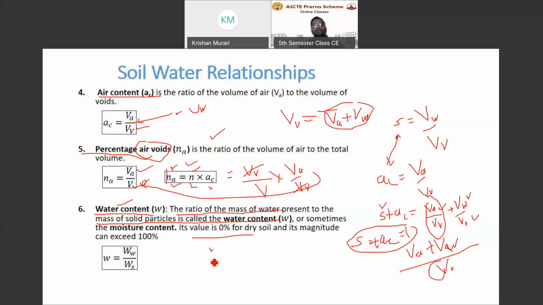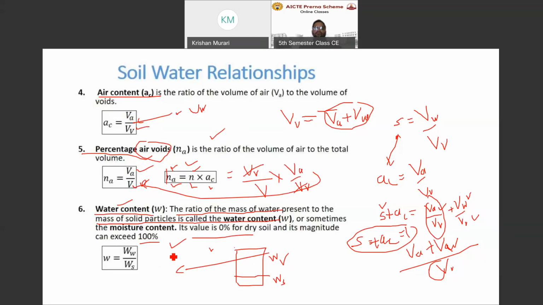Or the magnitude can be greater than 100%, because that can also be the case. Let us assume a two-phase system, where the weight of solid particles is less and the weight of water is greater. Then the water content exceeds 100%, because it is related only to the weight of solids, not the whole soil.